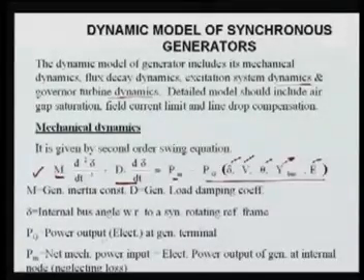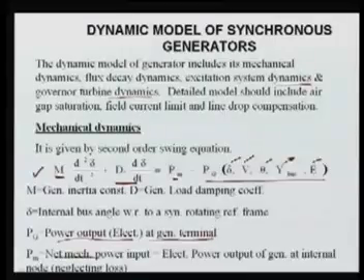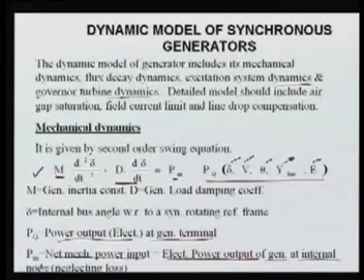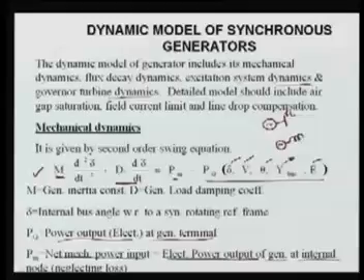So this P_G is the electrical power output at the generator terminal. This P_M is the net mechanical power input, and that is equal to the electrical power output of the generator at the internal node. What does it mean? This is your generator and it is connected with this terminal bus here, it is your V_T. This machine can be represented by E_F behind an impedance, and this is your V_T.